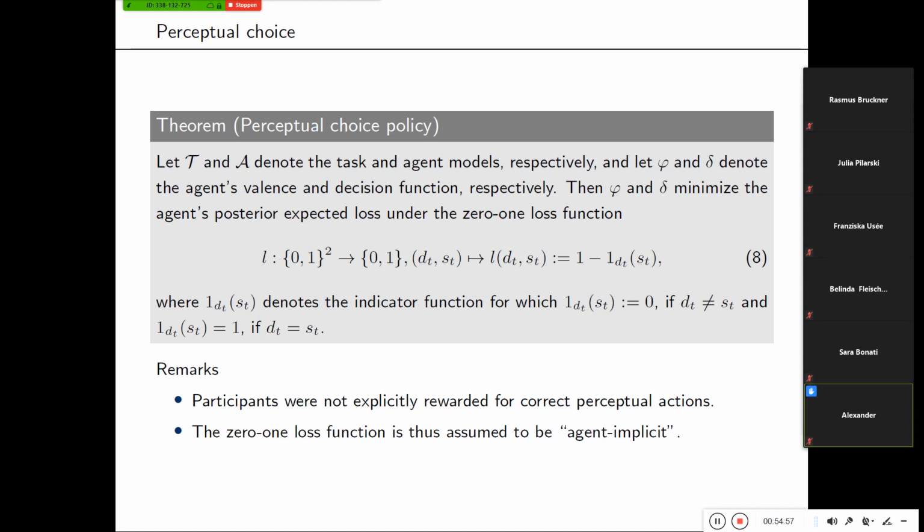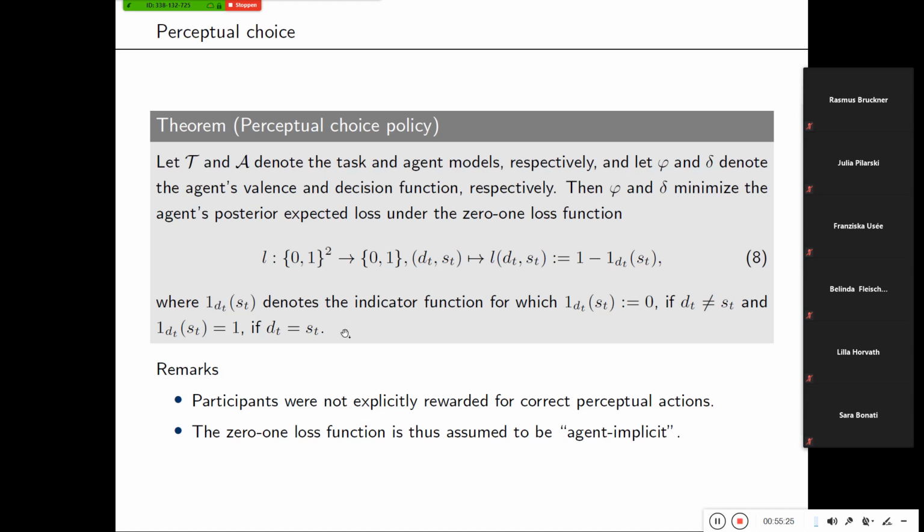But we assume that people try to be correct, and to give any reason why people should follow this kind of valence and decision function that I showed on the previous slide, it's a sensible thing to do if you assume a 0-1 loss function. So in this sense, this is some Bayes optimal behavior.